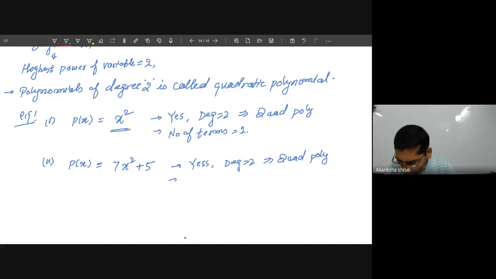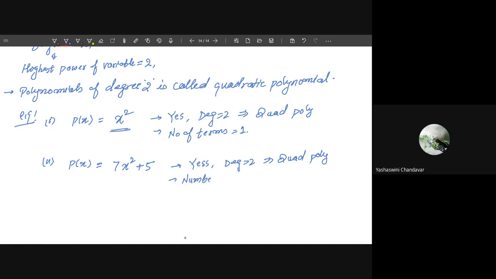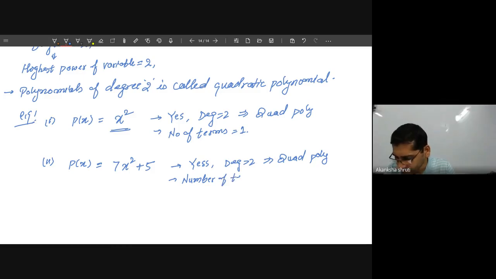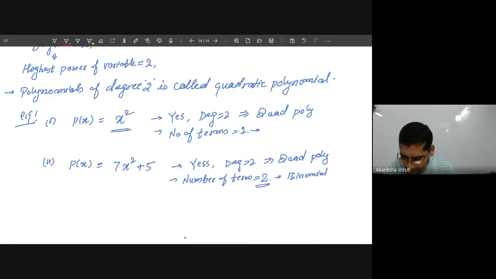Students, how many terms? 2 terms. Very good. This 2-term polynomial is called a binomial, so that we will use later. This 1-term polynomial is called a monomial. This we will also write.